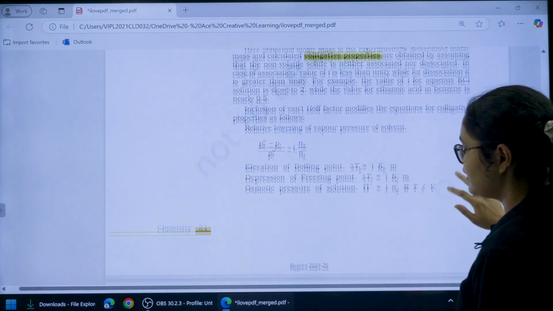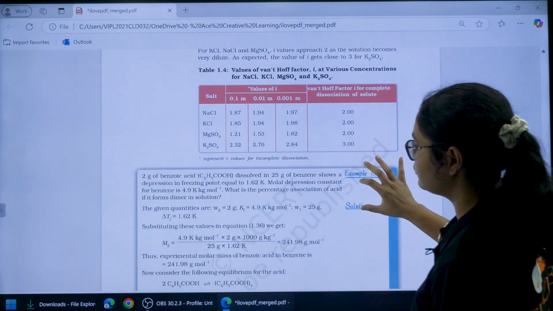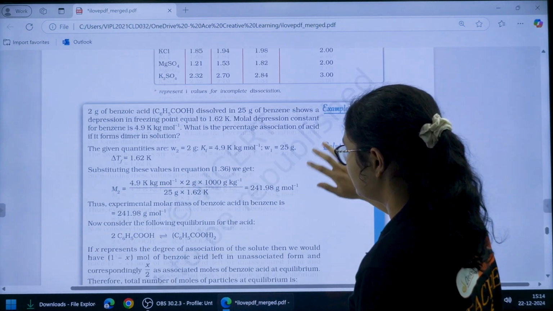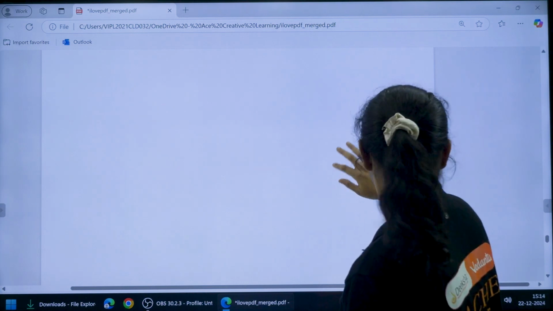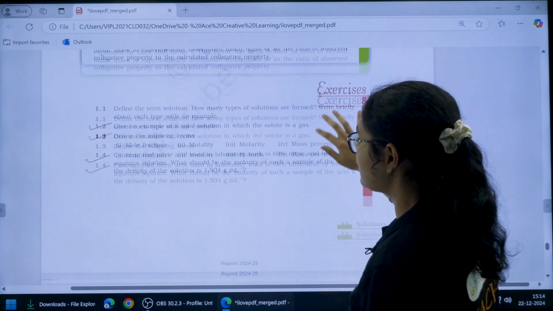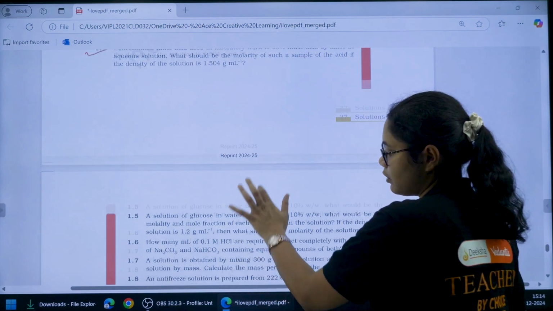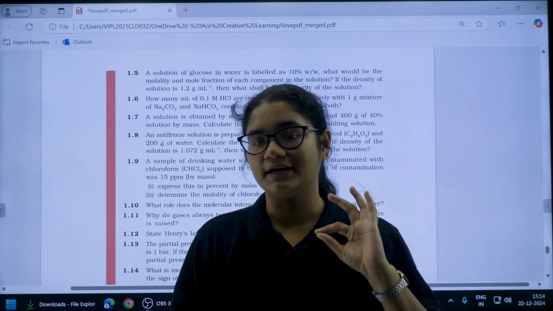Okay, this is there. And now we are done with the questions from the book. I think it is almost over. So now, what I found, I went through all the questions of this NCERT and I felt each and every question is important.